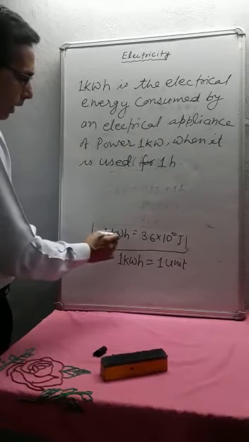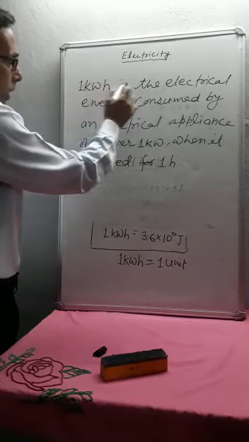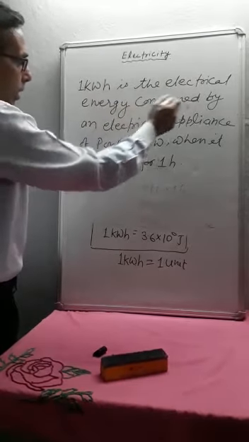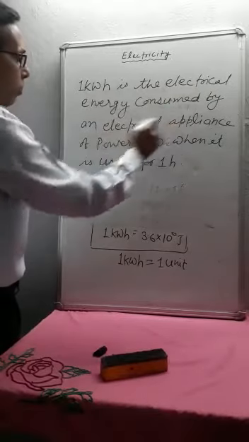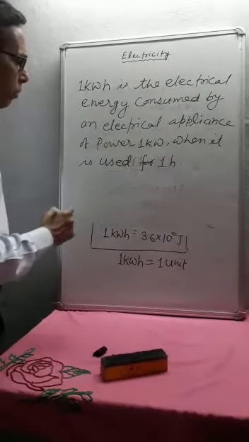That is 1 kWh. 1 kWh or 1 kilowatt hour is the electrical energy consumed by an electrical appliance whose power is 1 kilowatt when it is used for 1 hour.